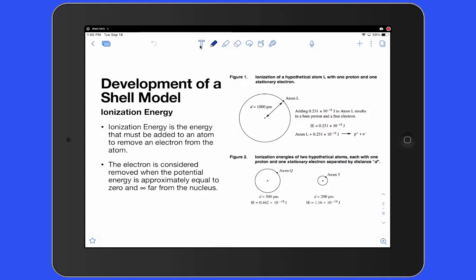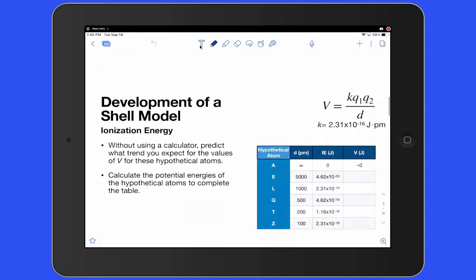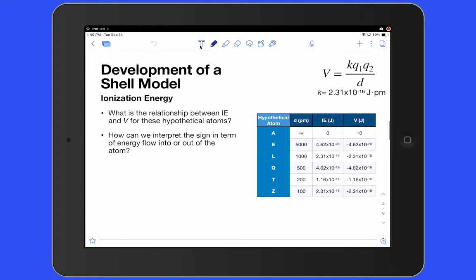The key to this, and the reason why we're making these comparisons, is the next slide where we had the distances, we had the ionization energy, and we had the potential energy.